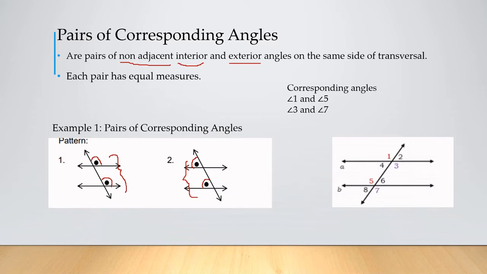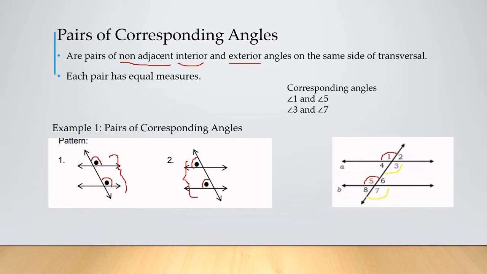So, for example, in this figure, the corresponding angles are angle 1 and angle 5. So, they are exterior and interior angles on the same side. We have also angle 3 and angle 7. Okay?